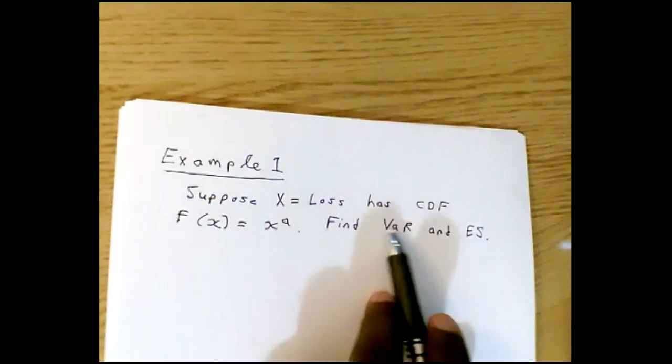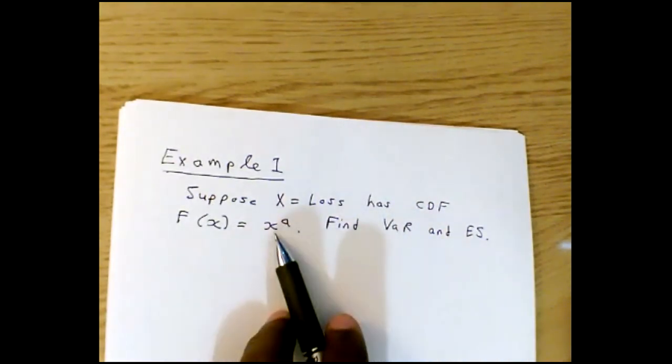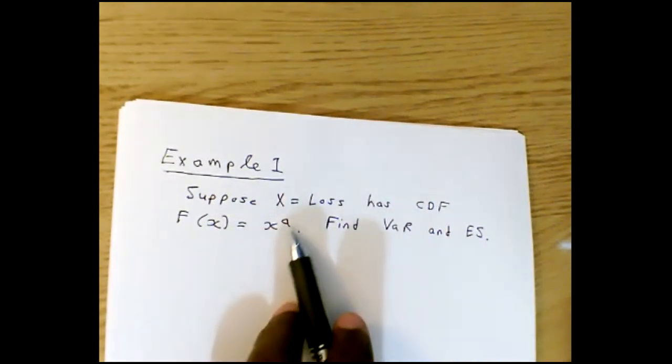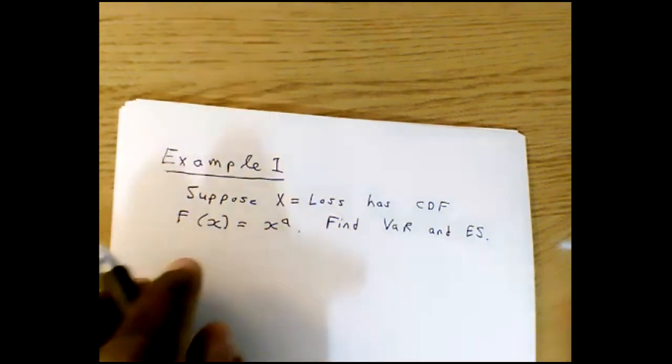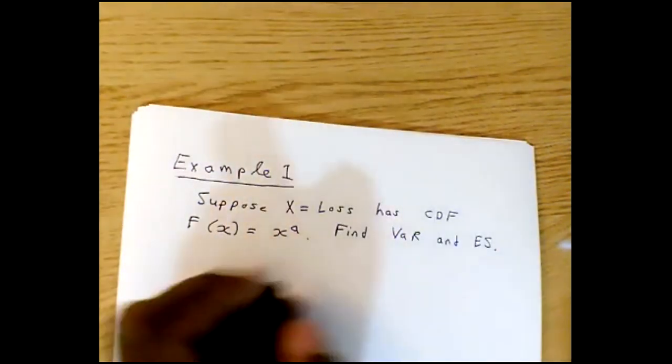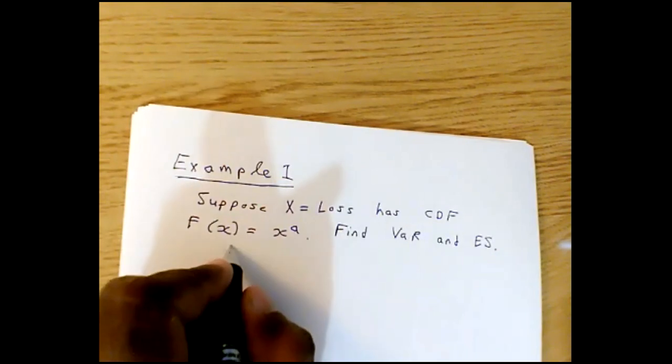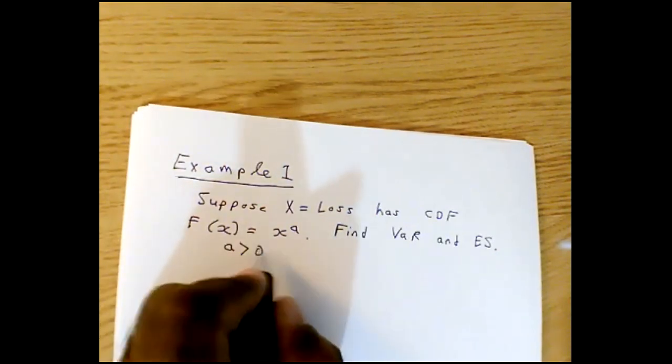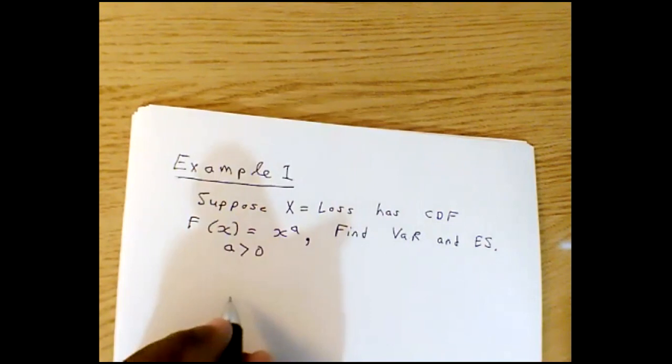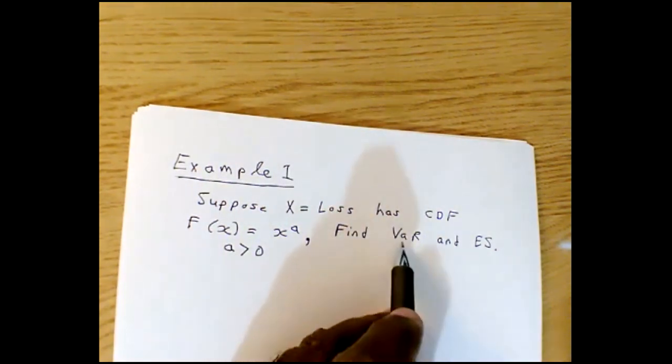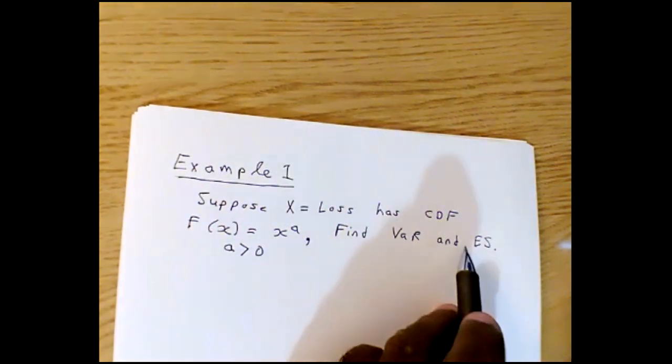We have a loss which is assumed to have this CDF F(x) equal to x to the power a, where a is greater than 0, and we want to find the 2 risk measures, VaR and ES.